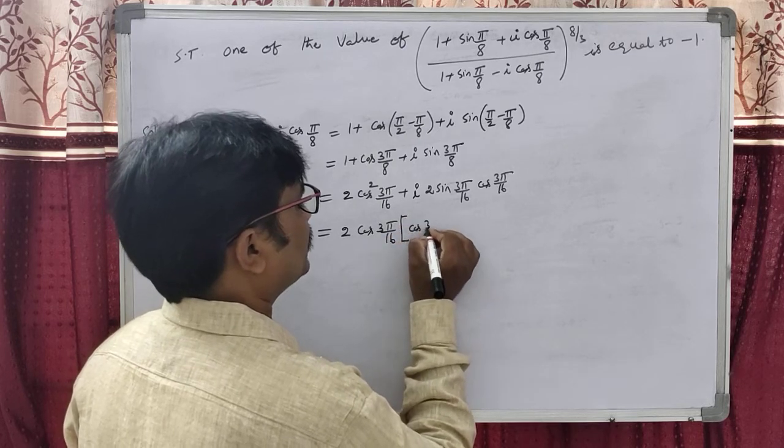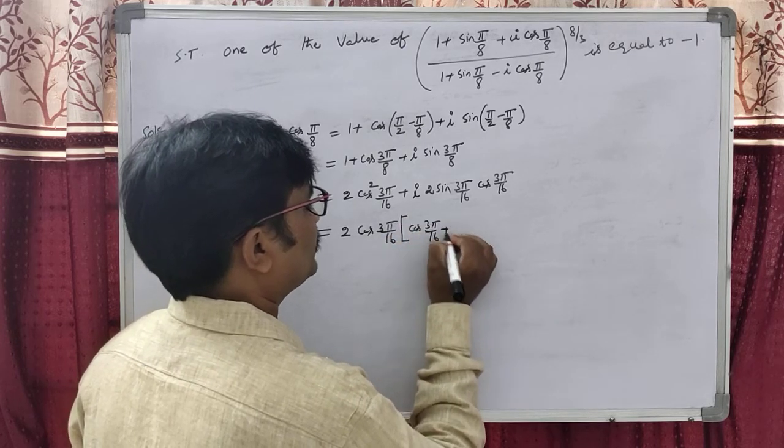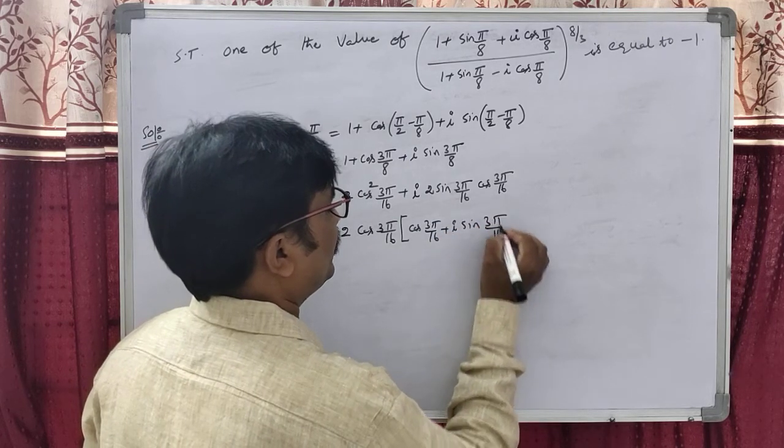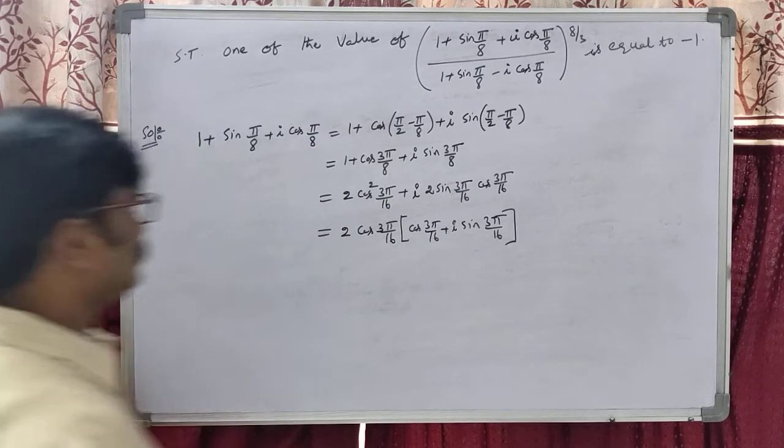The remaining is cos 3π/16 + i sin 3π/16.